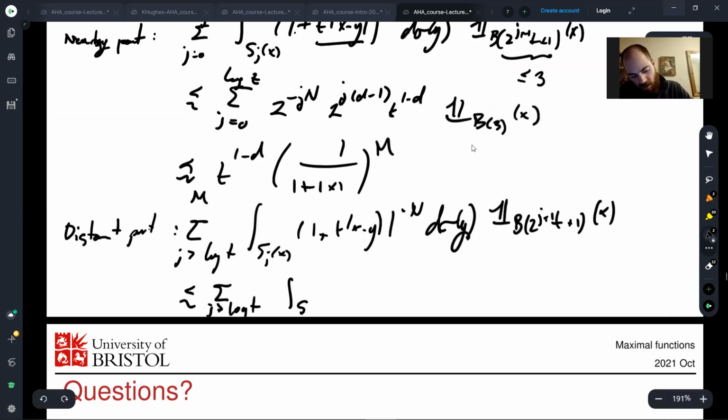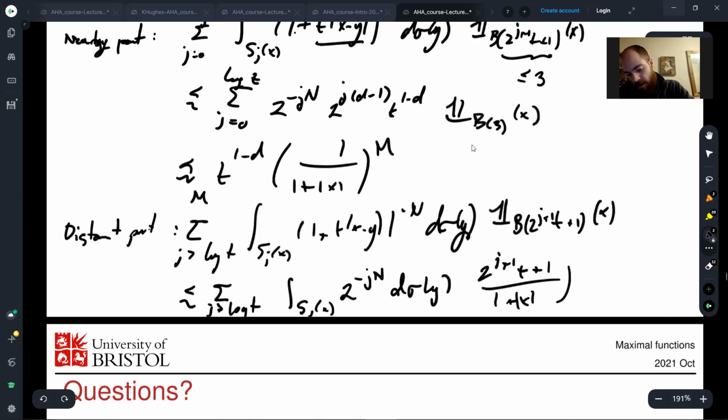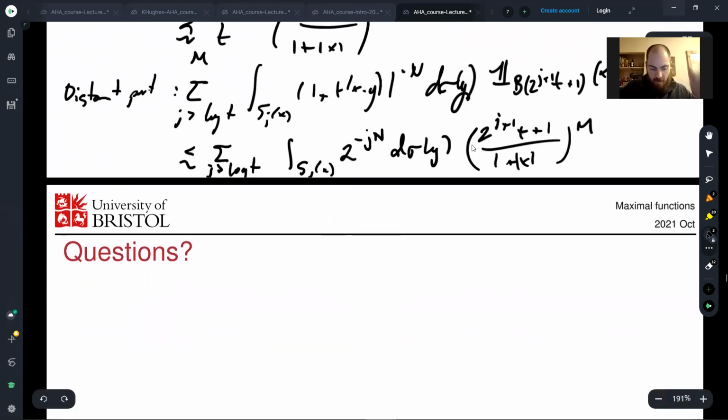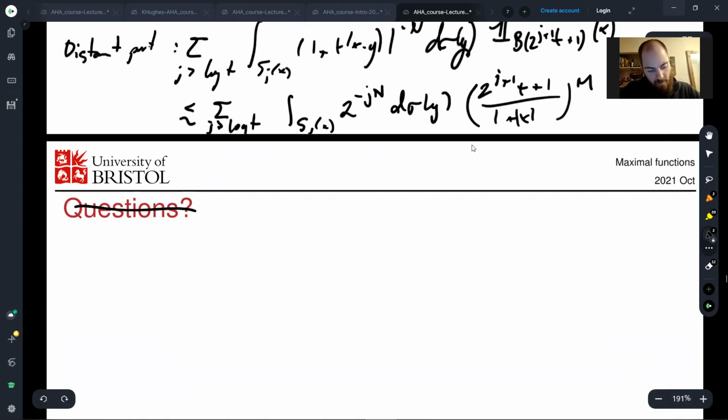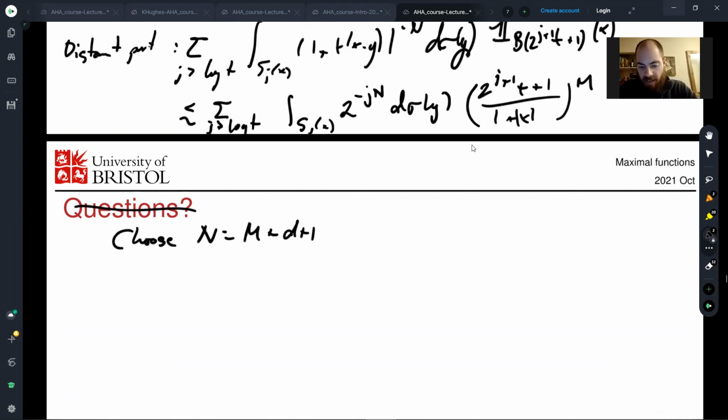So this is S_j of x, and that's again 2 to the minus j n, d sigma of y, and that's going to be 2 to the j plus 1 t plus 1 over 1 plus |x| to the m. So just choose n equal to something like m plus d plus 1.